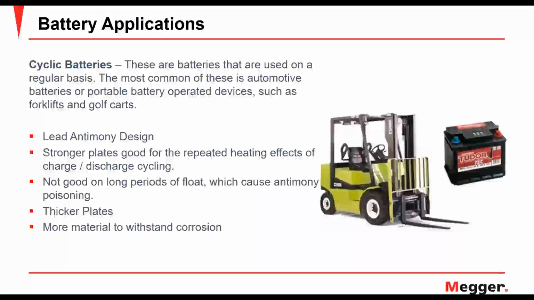And they are not very good in floating or standby application, because of the antimony poisoning. So it's really better to keep them constantly in use in cyclic application to have better longevity.